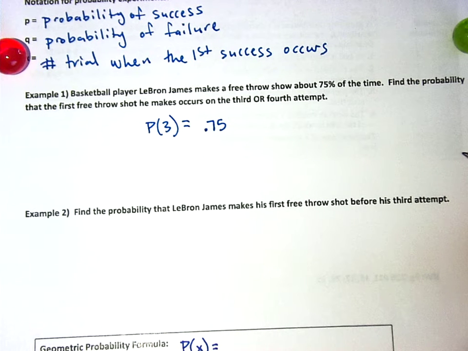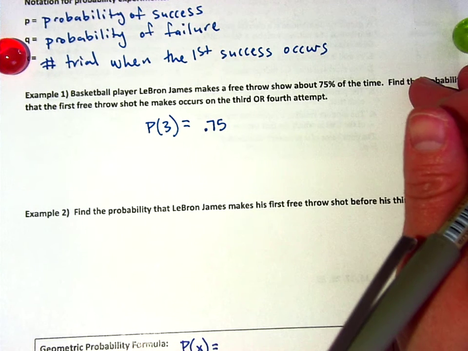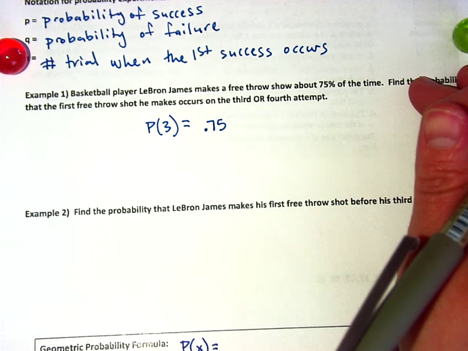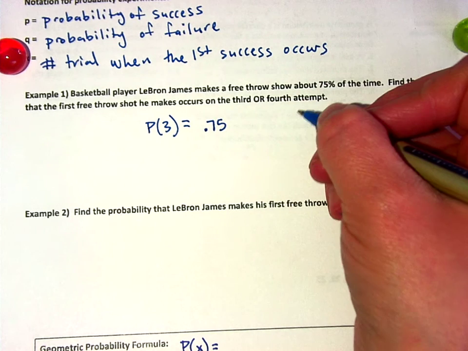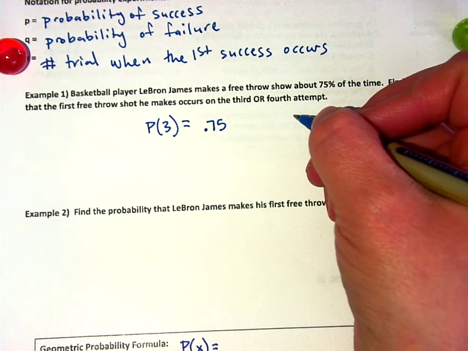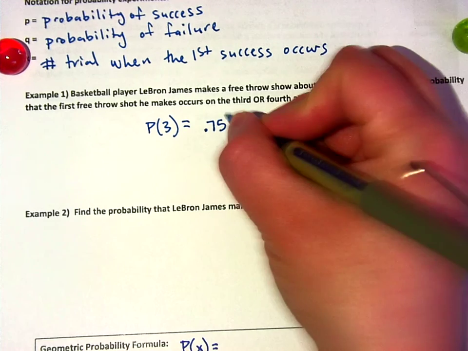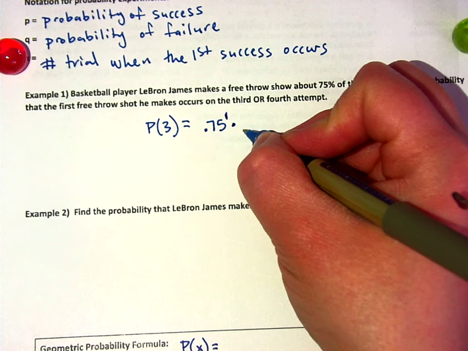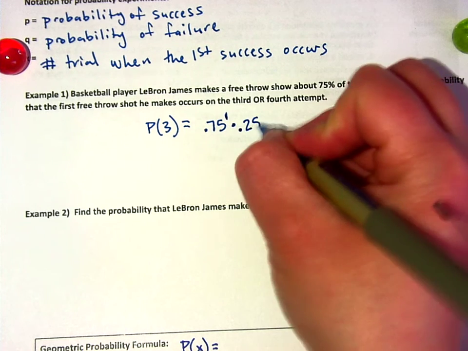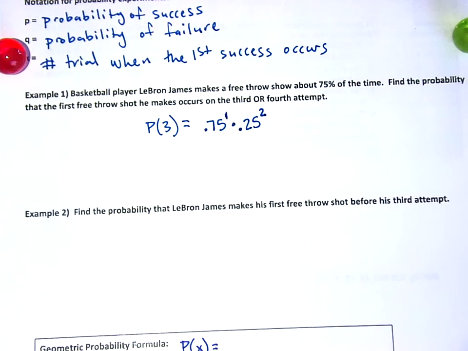On his third try he succeeds, right? But what happens on his first and his second try? He was missing. Okay, so how many successes does he have then on the third try? One success. And how many failures did he have? 2 failures.